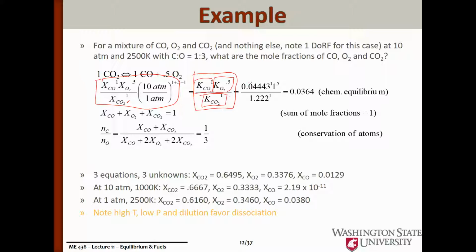I can pull those from a table, and I'll show you that table in Excel in a moment, and raise them to the same exponents as the mole fractions, and I get the equilibrium constant for this reaction of dissociating carbon dioxide into CO and oxygen.